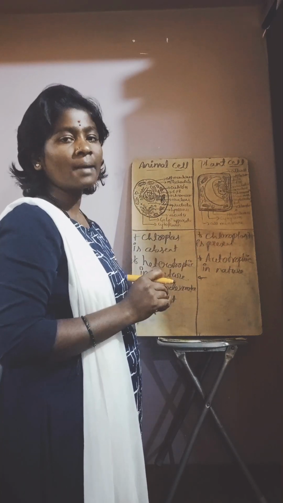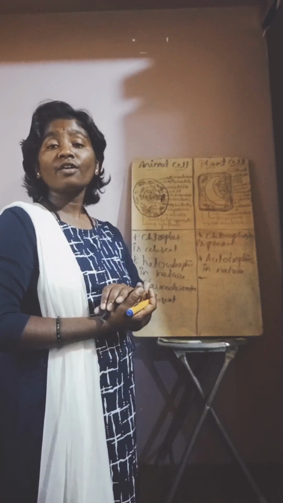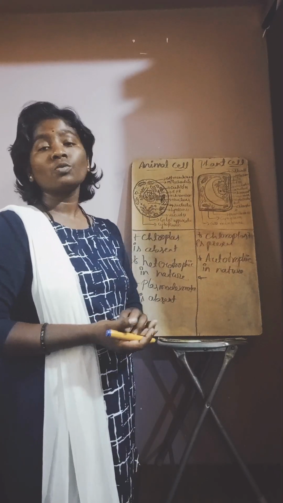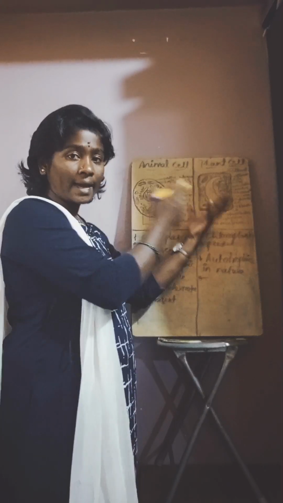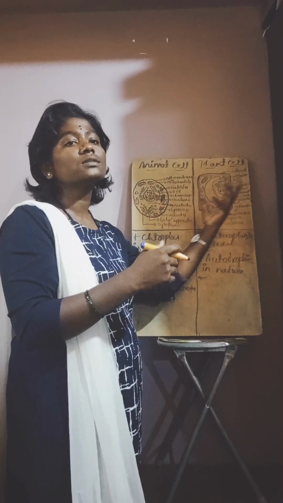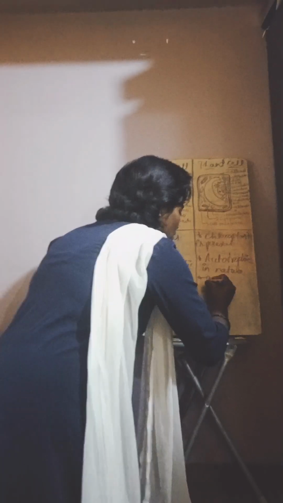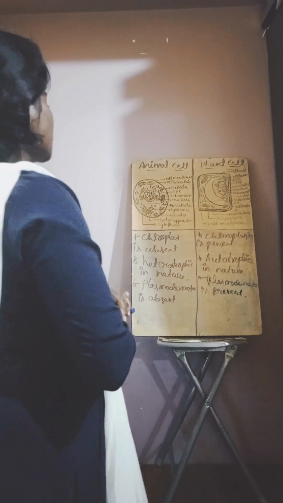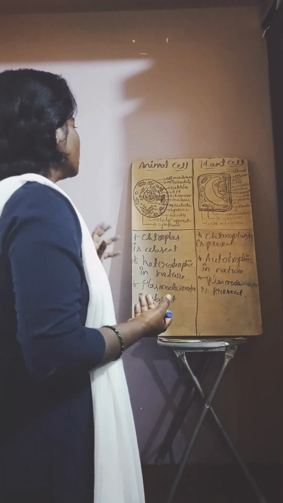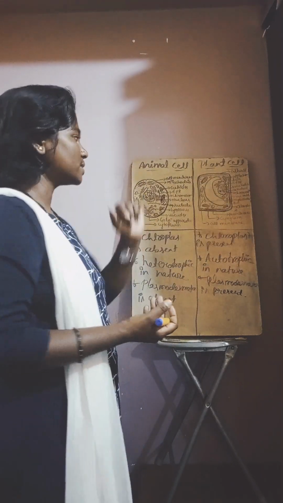It is the layer of the plant cell which will connect the other cells. Okay, so these are the major differences between animal cell and plant cell.